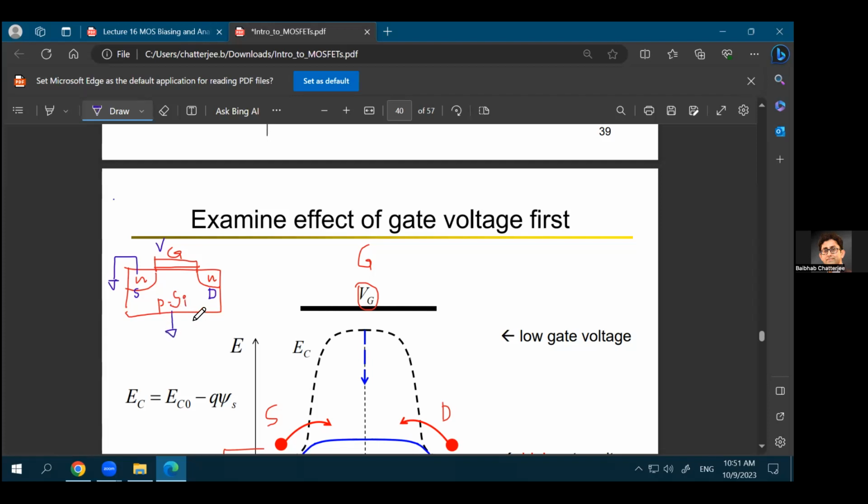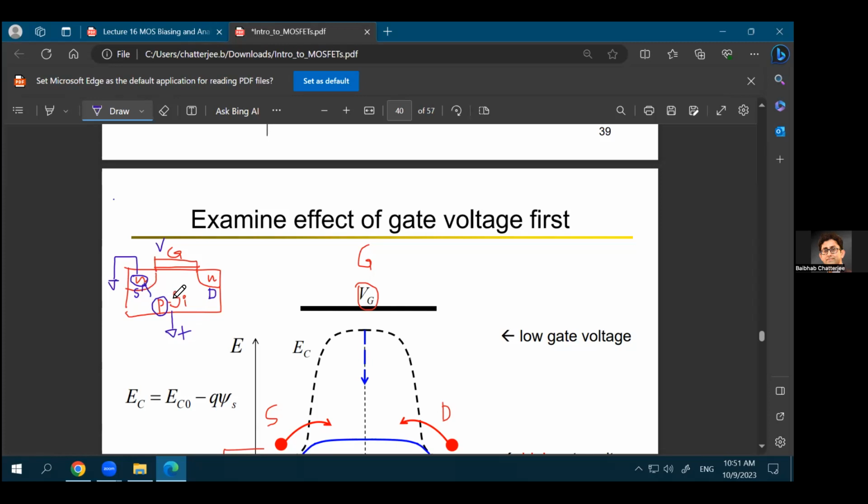Why is that? Because this is P-type semiconductor and this is N-type semiconductor. As you are applying ground to the N-type semiconductor, if the P-type semiconductor has any kind of positive voltage, you'll see a forward bias PN junction diode. So the P-type will be connected to positive and the N-type will be connected to ground. So there will be a forward bias current flow from the P-type to the N-type.